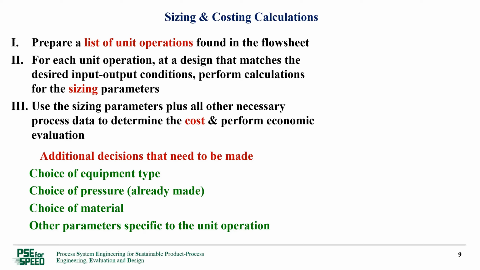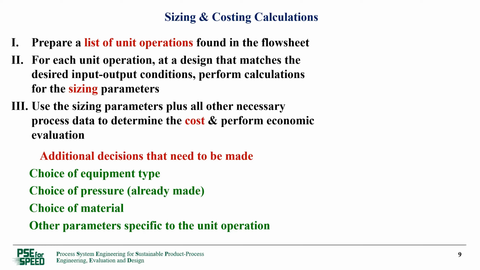But in addition to these steps 1, 2, 3, you will see that additional design decisions need to be made, even after we have done all the design decisions. For example, if we are taking a pump or a compressor or a heat exchanger, even a column, we have to choose the type of equipment.